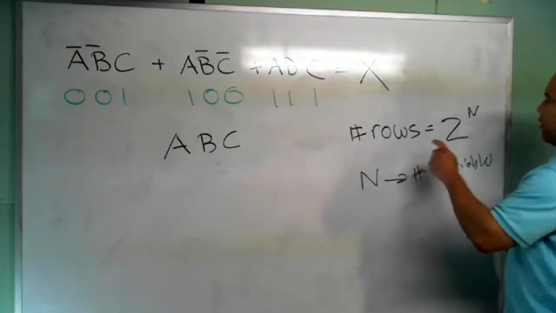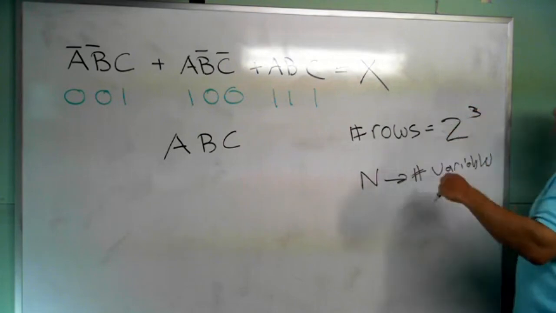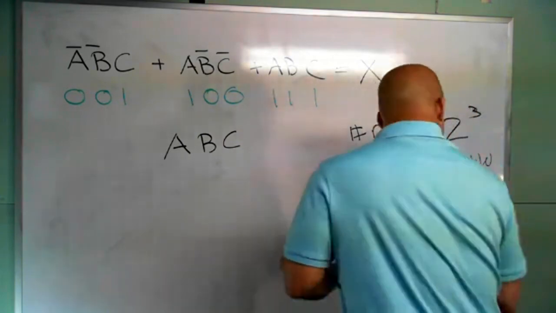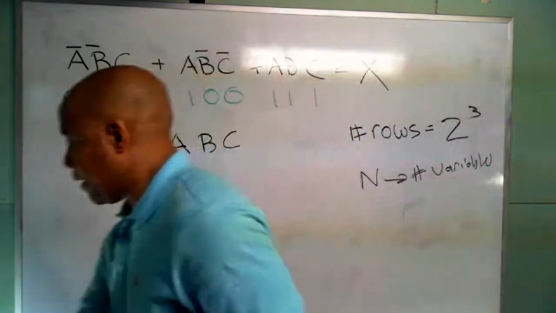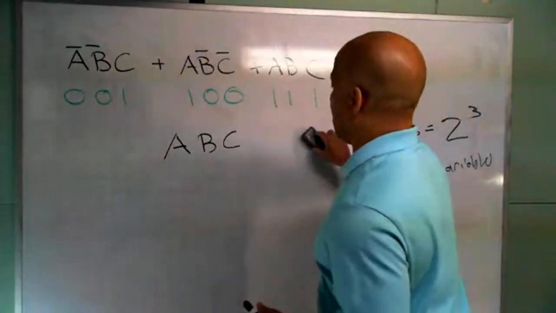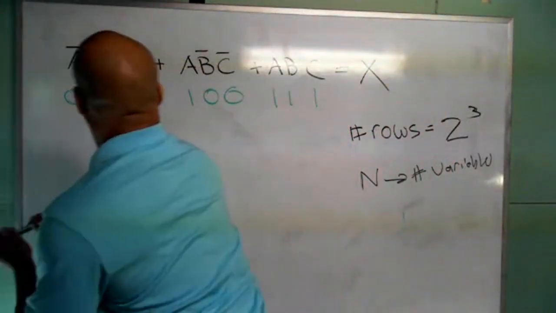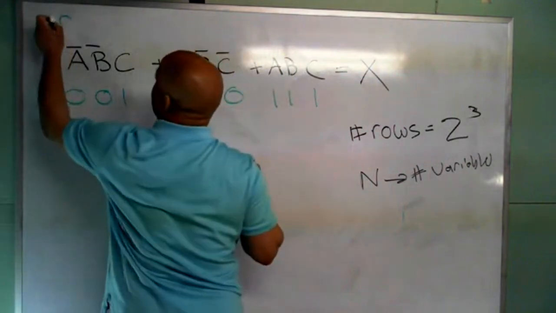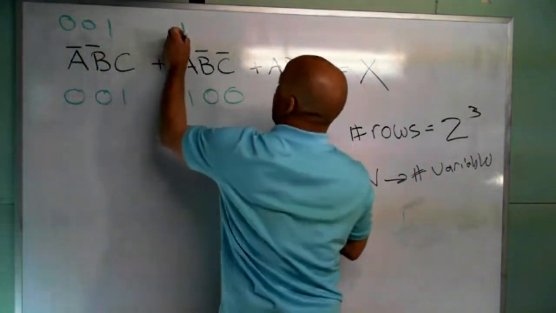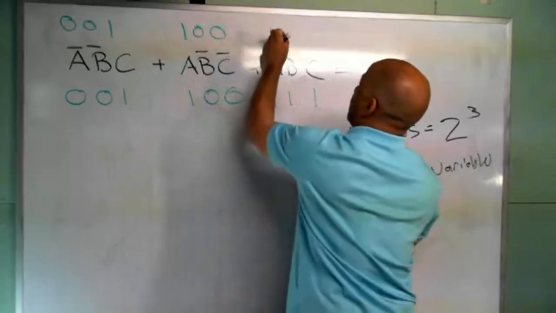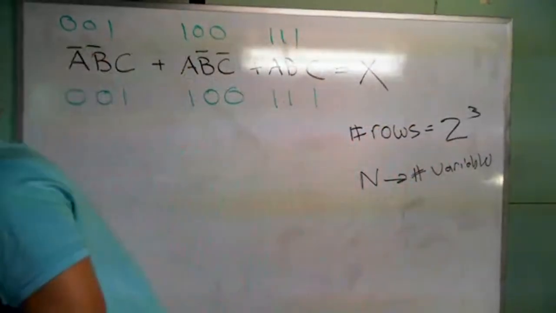So I got 3 variables. I'm going to need 8 rows. So I'm going to make this a little higher. We'll put these binary values on top: 0, 0, 1, 1, 0, 0, 1, 1, 1. And then I'll make my truth table.